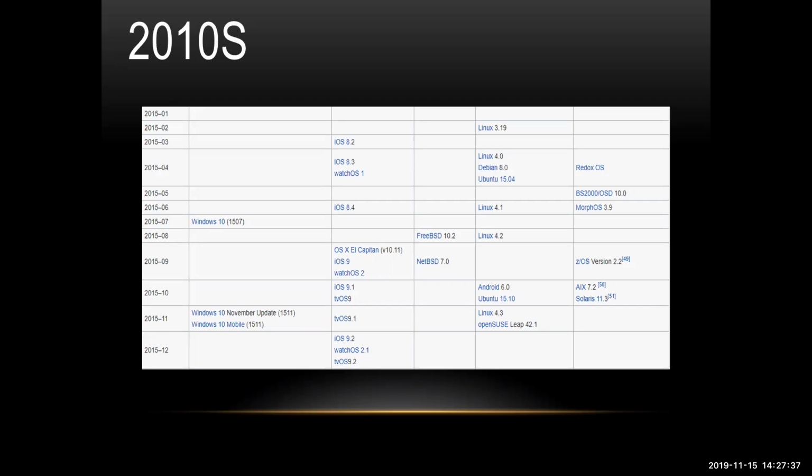And then May, we had the BS2000 OSD 10.0. Then June, we had the iOS 8.4, Linux 4.1, MorphOS 3.9. And then July of 2015, that's when Windows 10 1507 was released.